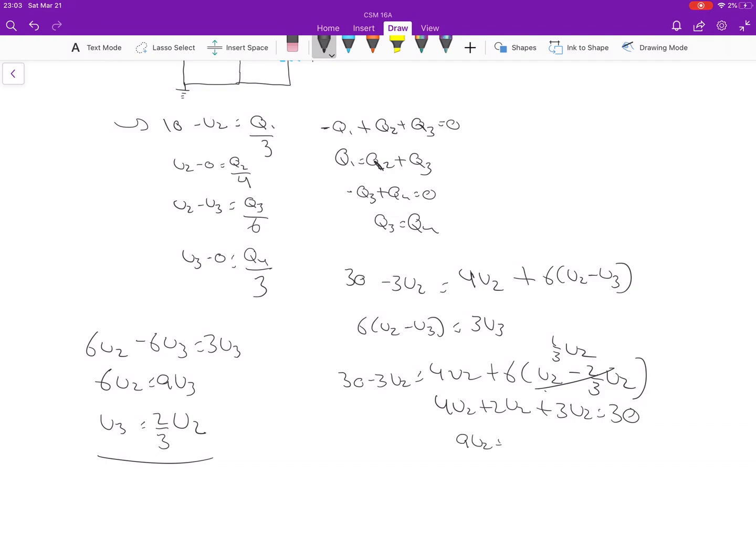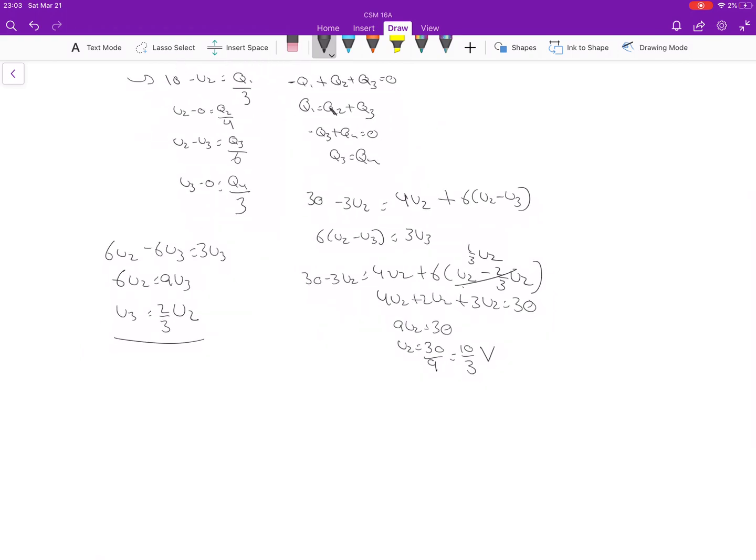And 9U2 is equal to 30. So then we have an expression for U2, which is 30 over 9, or 10/3. Remember, this is potential, so that's in volts. Alright, we can also find U3, and we already know U1, because that's just the battery. So U3 is just going to be 2/3 of this, so 20 over 9 volts.